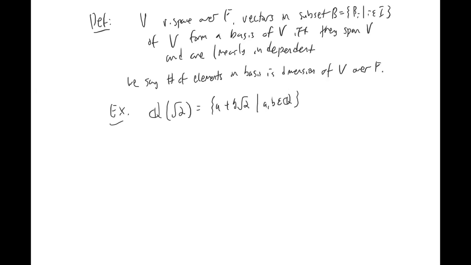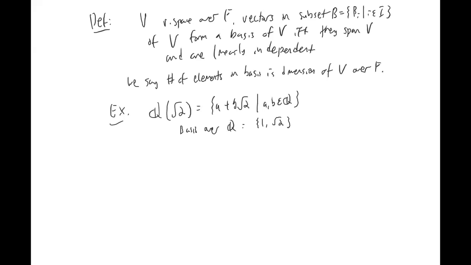Well, okay, this is certainly a vector space over Q, because it's an abelian group, obviously, and I can multiply by anything in Q. So the fact that that's a vector space is not that hard. So I claim the basis over Q is given by 1 and root 2. Let's check it's a basis.